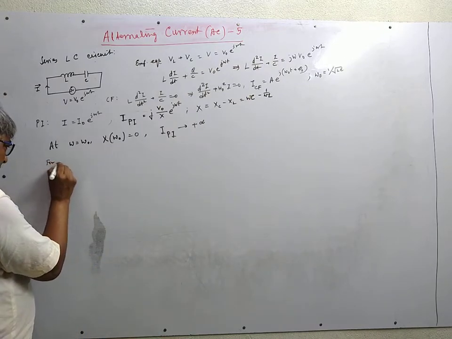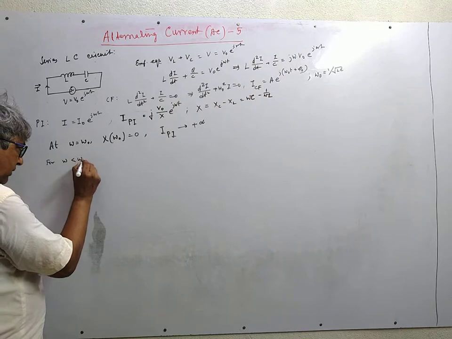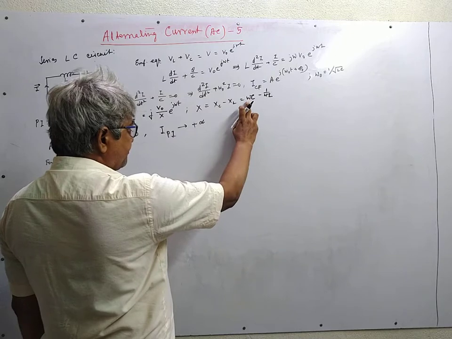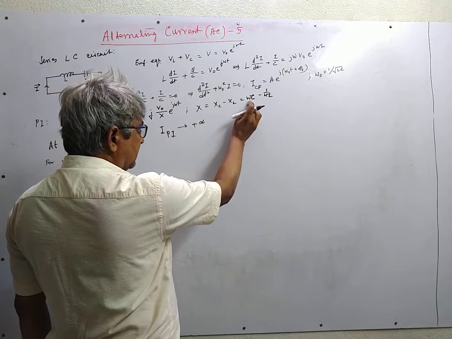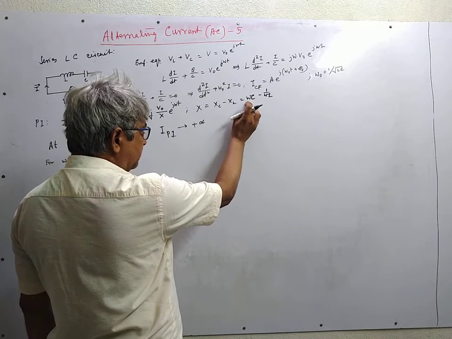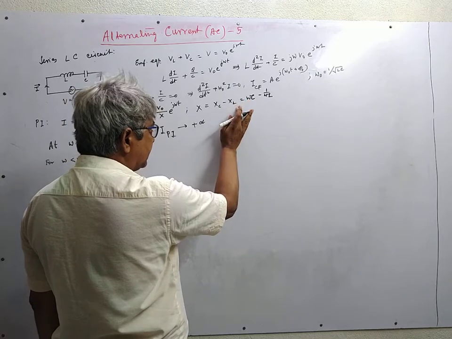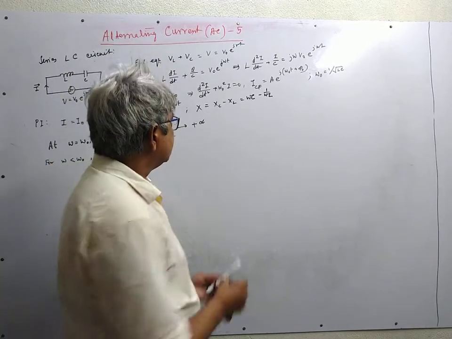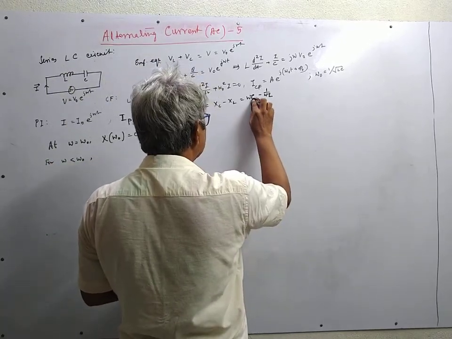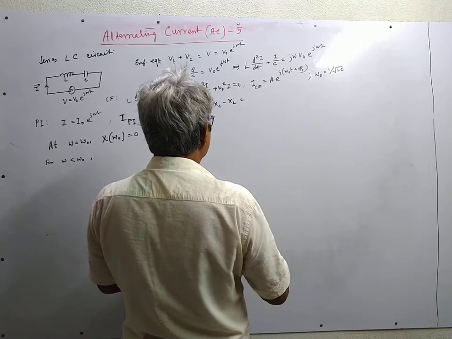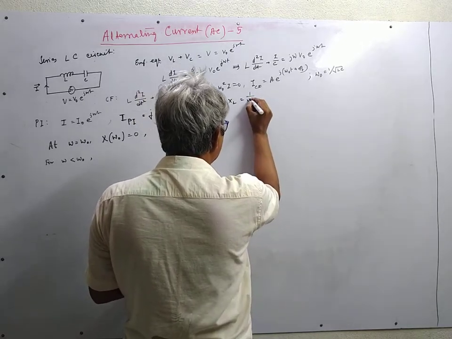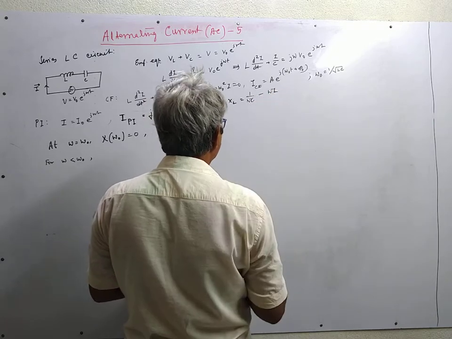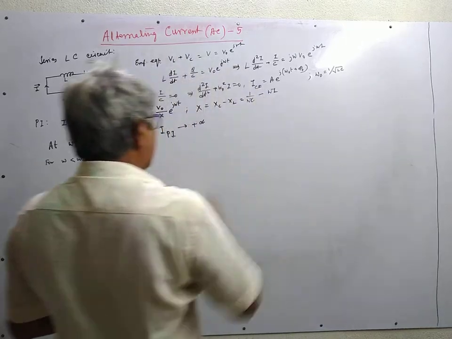For omega less than omega 0, this part is higher in magnitude. Xc is higher than Xl. Oh, I have written it here wrongly. Note the correction.